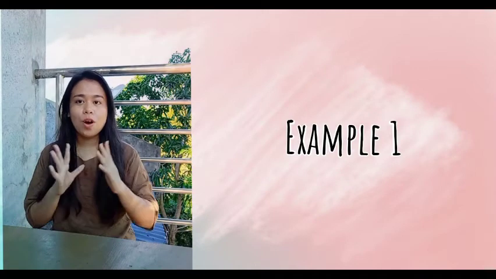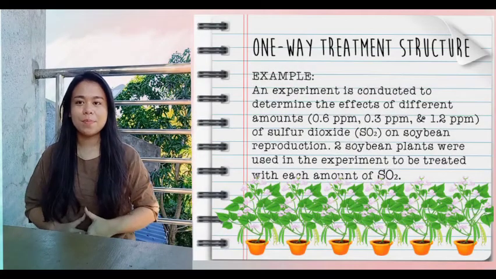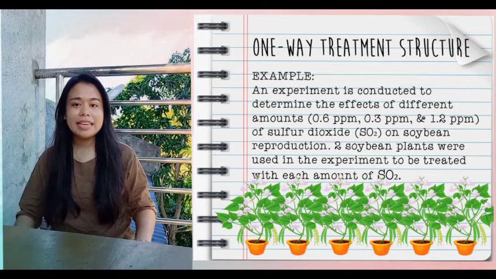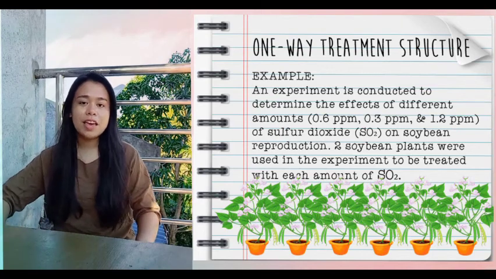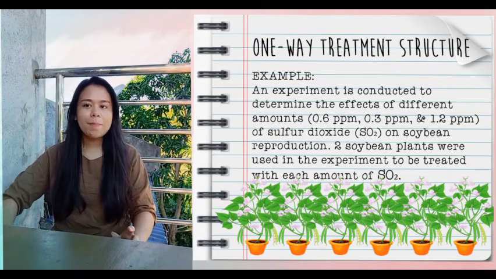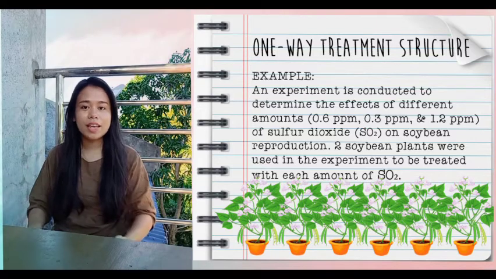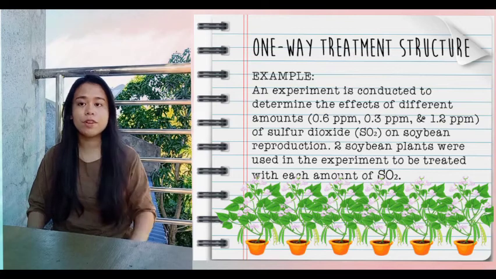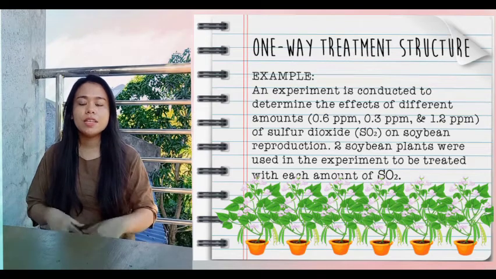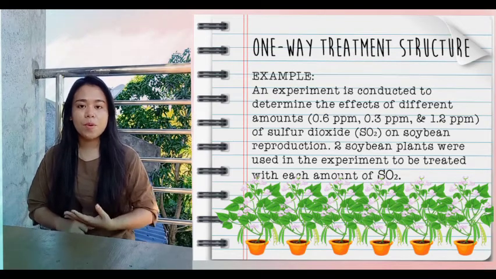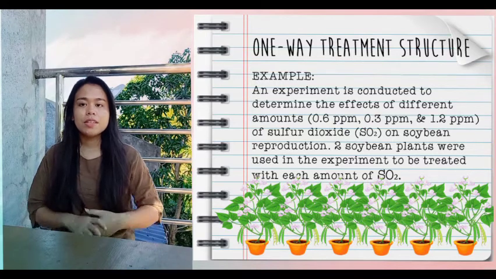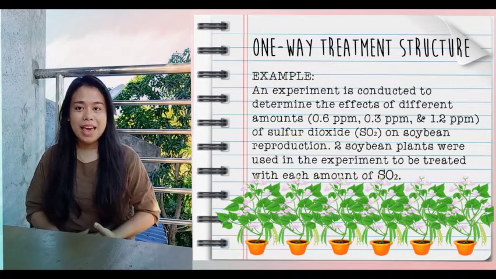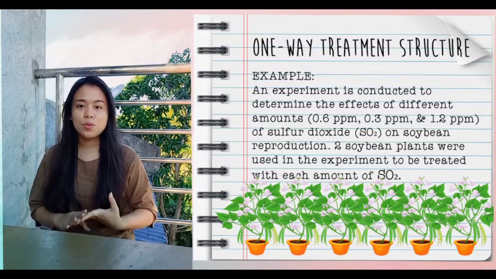Example number 1 para sa one-way treatment structure. An experiment is conducted to determine the effects of different amounts of sulfur dioxide. Here we have 3 different amounts of sulfur dioxide: 0.6 ppm or parts per million, 0.3 ppm, and 1.2 ppm.